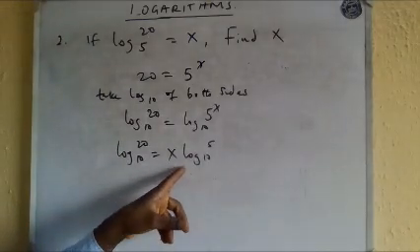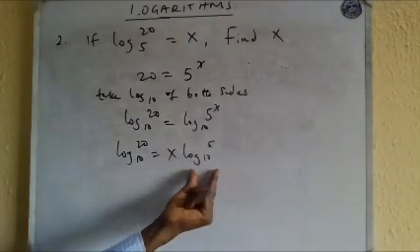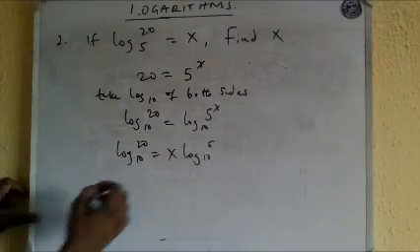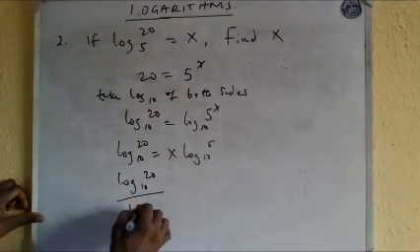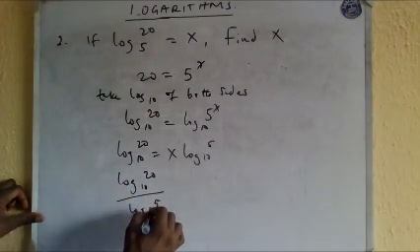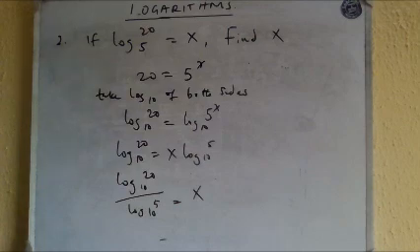What I will do here is divide both sides by log 5 to base 10. So log 20 to base 10 over log 5 to base 10 is equal to x.